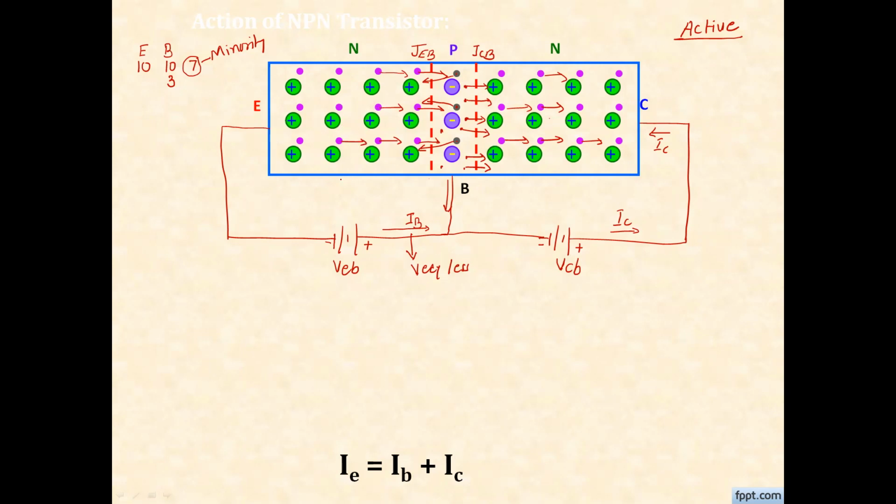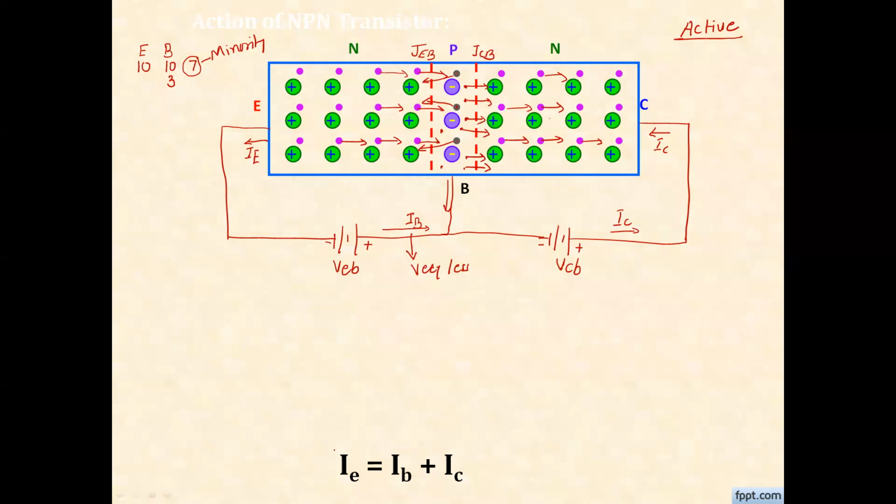So definitely the direction of the emitter current is opposite to the direction of movement of free electrons. So in the case of an NPN transistor, the emitter current is the outgoing current. So in this way the transistor works. This is the action of a transistor here.